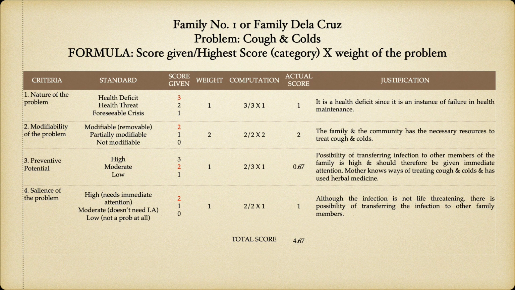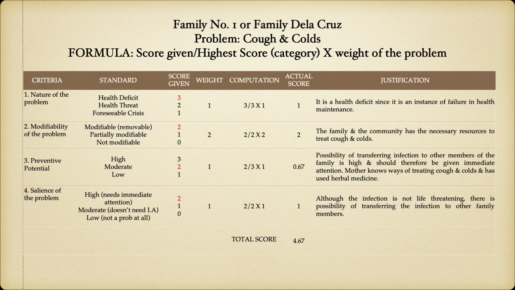So the formula will be score given divided by highest score per category times weight of the problem. So the first step that we do in scoring is we are to decide on a score. So the ones in red color are the score given for each category in this example.